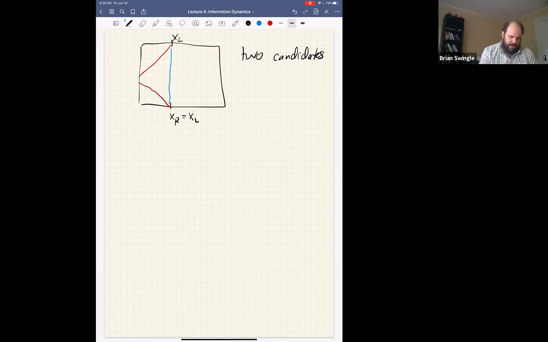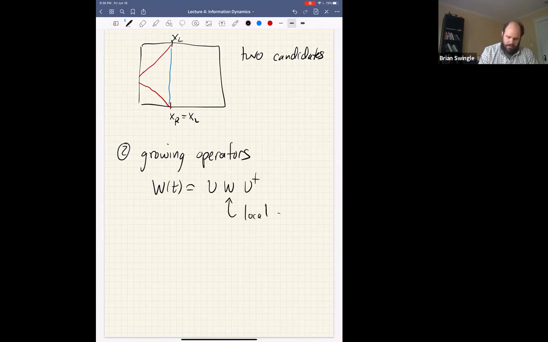Okay, so now I want to talk about growing operators, which is, say, W of t equals U W U dagger. And this is a local operator. So this is the context in which people think about the butterfly effect, out of time order correlators, etc. And what's the picture of this thing?